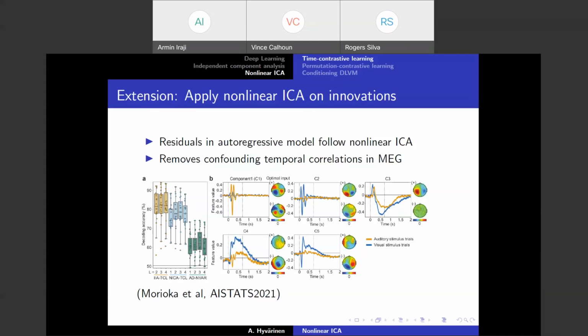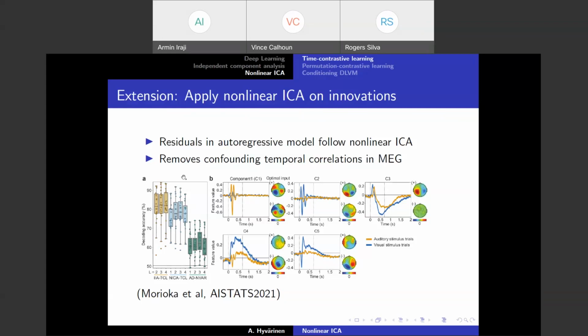So what we now did is that we fit a nonlinear autoregressive model, in fact, and then look at the innovations, that is the residuals in the autoregressive model, and model them by the nonlinear ICA model, assuming non-stationarity. So we have an autoregressive model with non-stationary residuals, which is then presumably a much more powerful method for MEG and EEG or any data which has both non-stationarity and temporal correlations. I will not go into details, but just look at the leftmost panel.